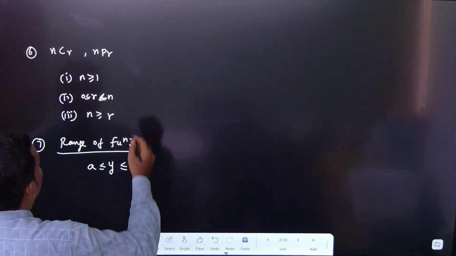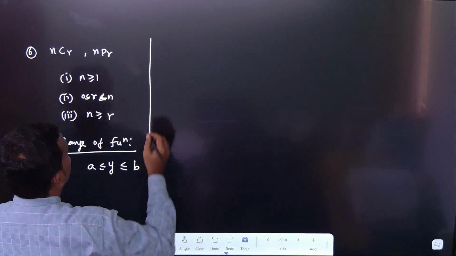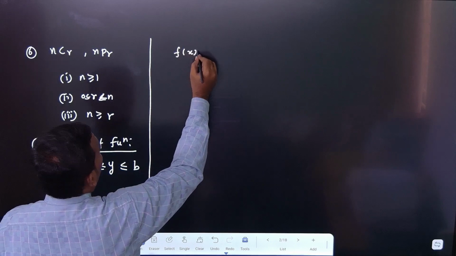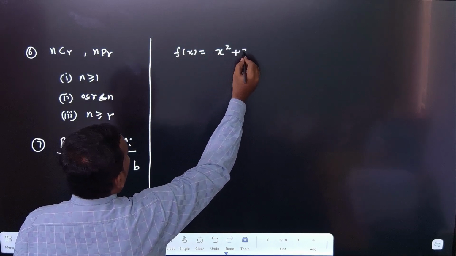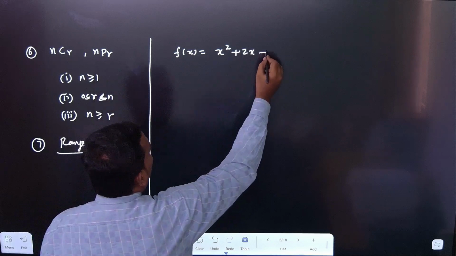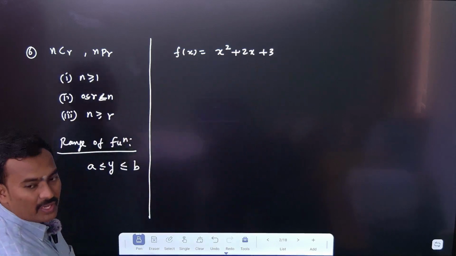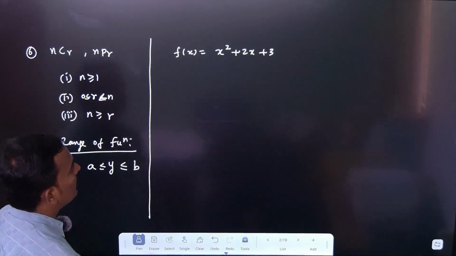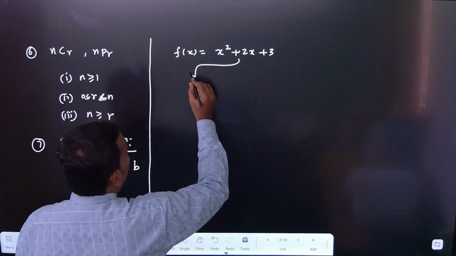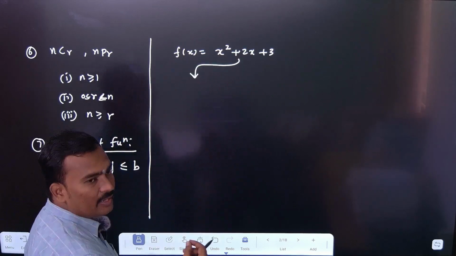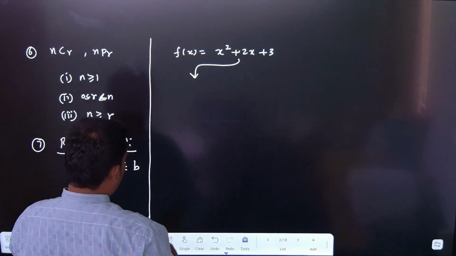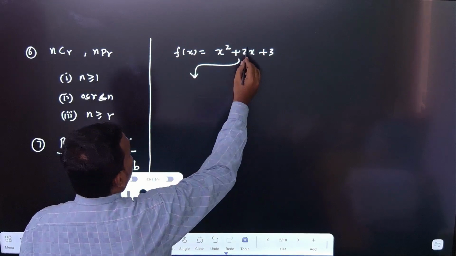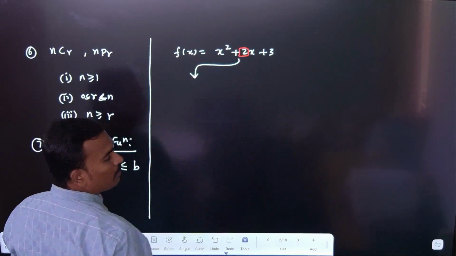Let us take a simple example. Suppose f of x equals x square plus 2x plus 3. How do we find the range of this function? The first observation is that you have to make it into a perfect square. How? Take the x coefficient and divide it by 2.